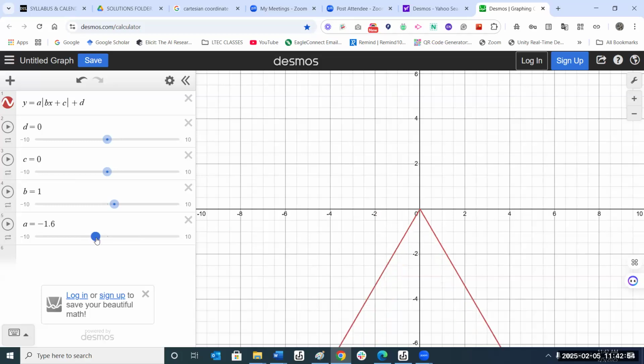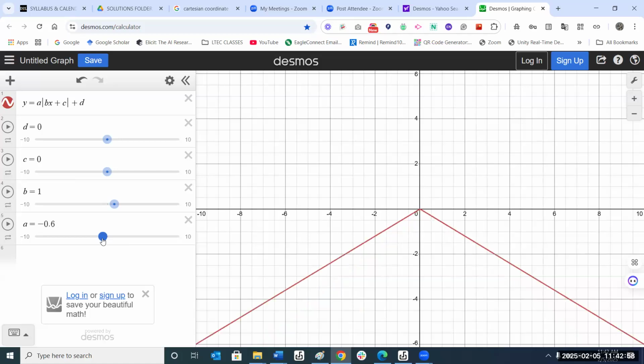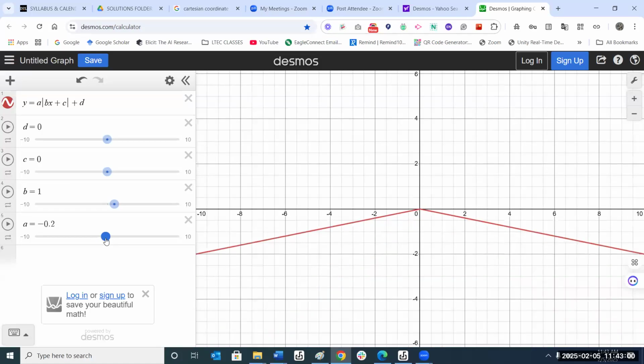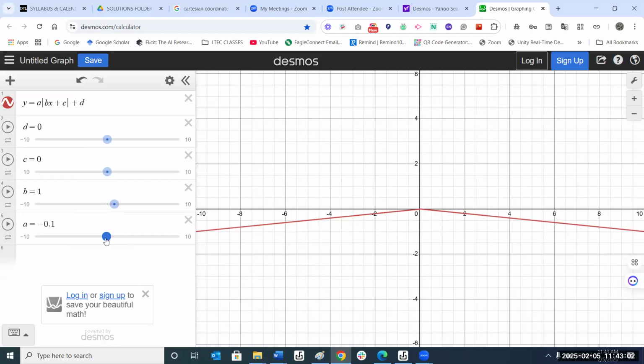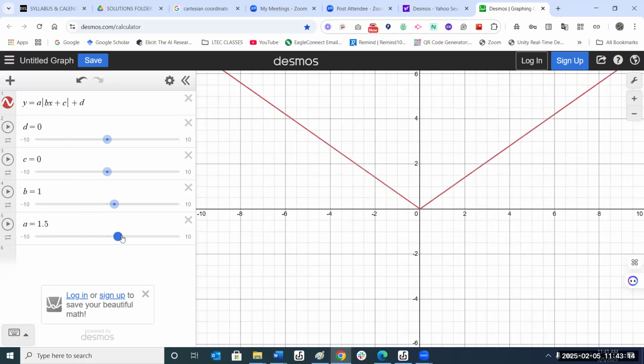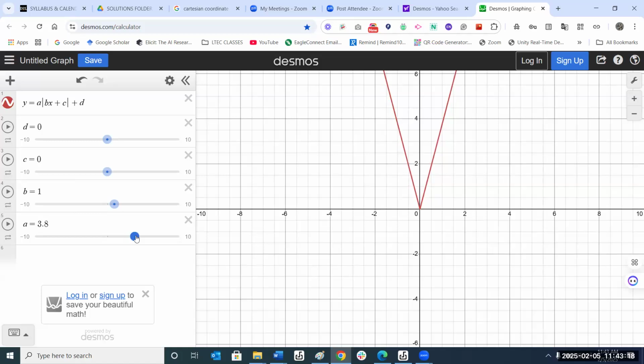If you notice what happens between 0 and 1, it gets wider and wider. So if the coefficient in front is a fraction, the whole thing shrinks. If it's an integer greater than 1, then it gets skinnier. It's a vertical stretch.